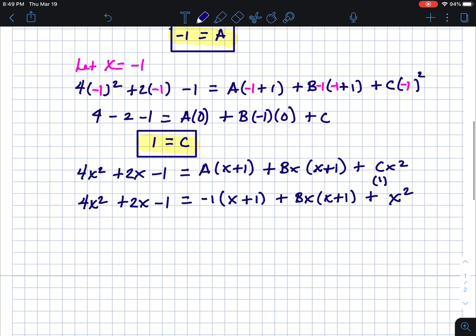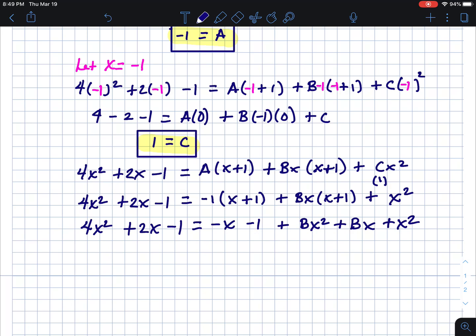All right, so I'm going to distribute out: 4x squared plus 2x minus 1 equals -x minus 1 plus bx squared plus bx plus x squared.